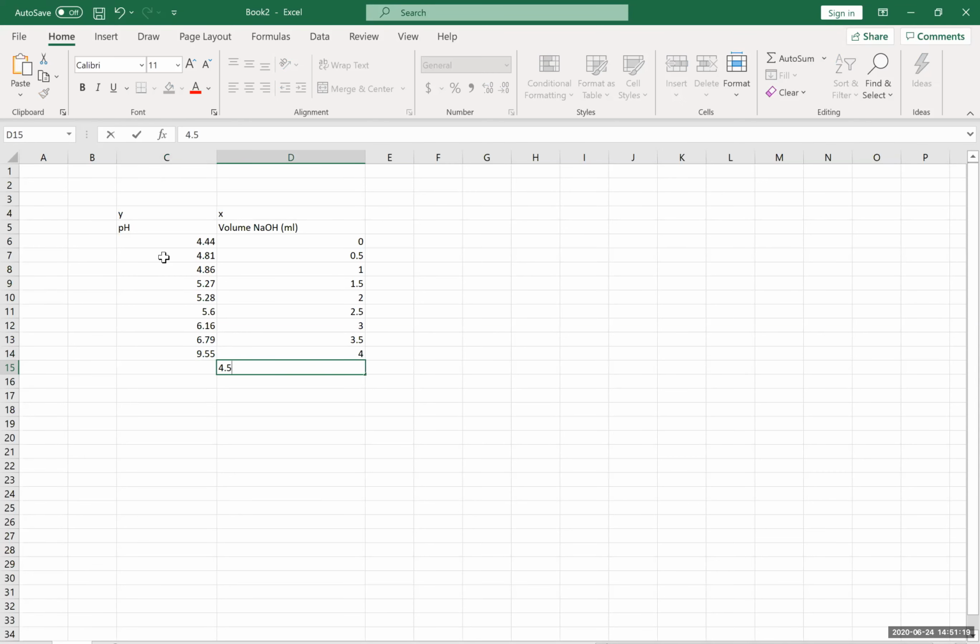So let's enter our data exactly as we have it from our lab notebook.